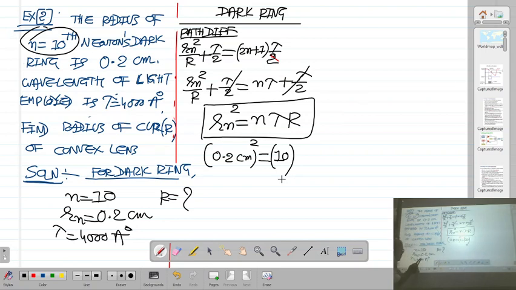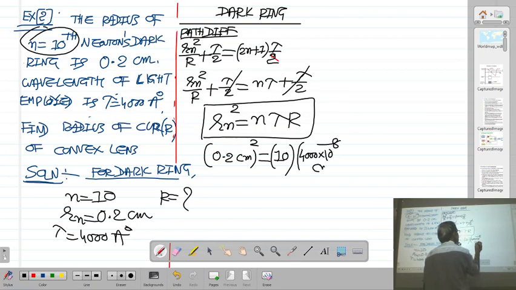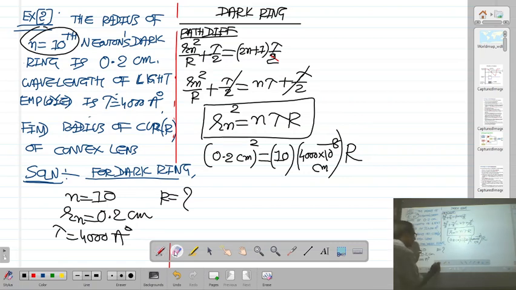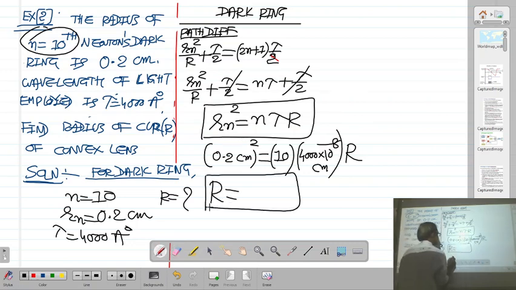The wavelength of light is 4000 angstrom, so 4000 into 10 to the minus 8 centimeter. And R is the radius of curvature of the lens. If you calculate, you will get the radius of curvature R of the lens as 100 centimeter or 1 meter.